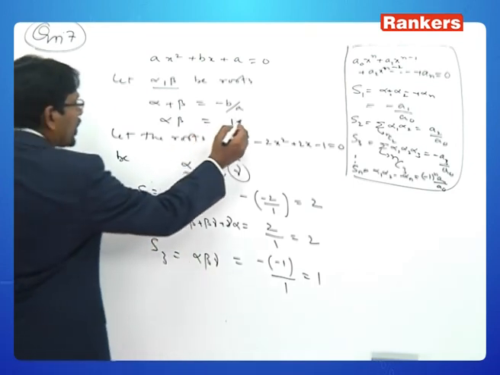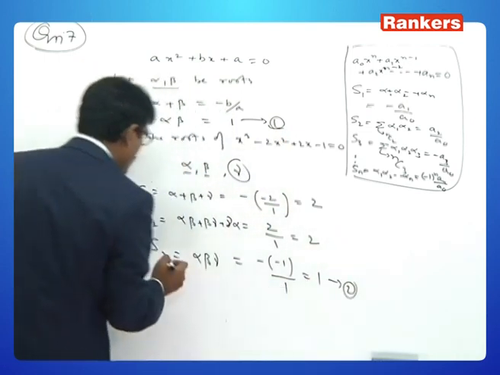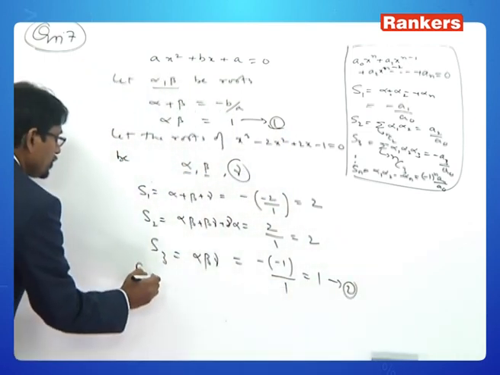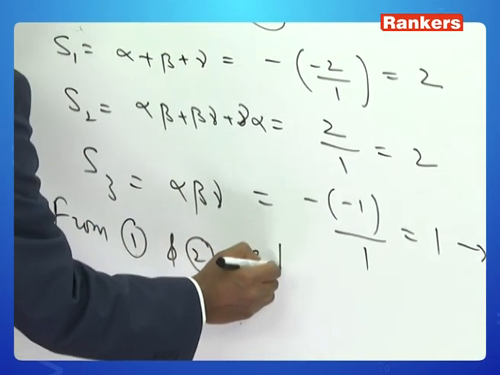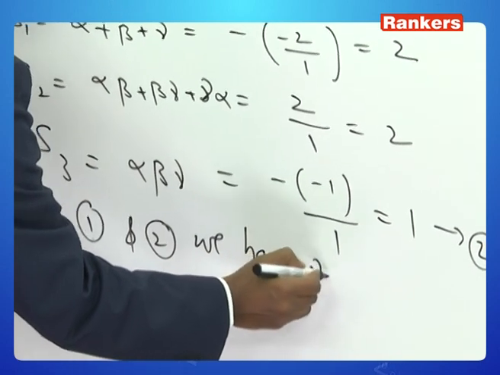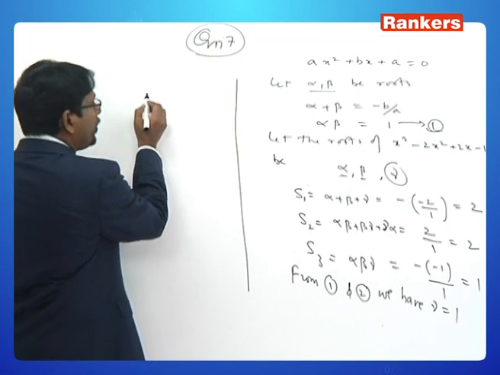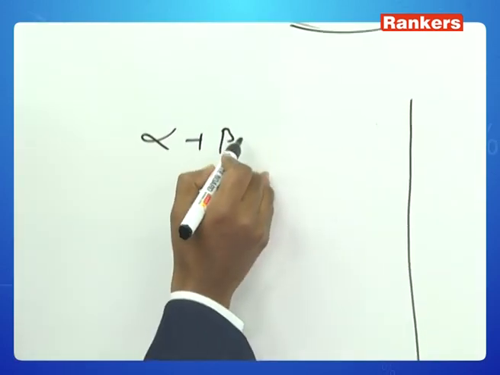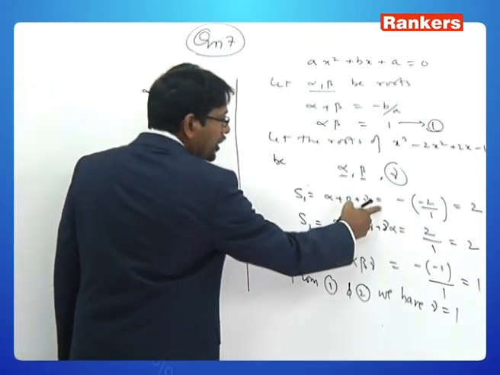Therefore, from equations 1 and 2, we have gamma equal to 1. Now alpha plus beta plus gamma is equal to 2, we know from here.